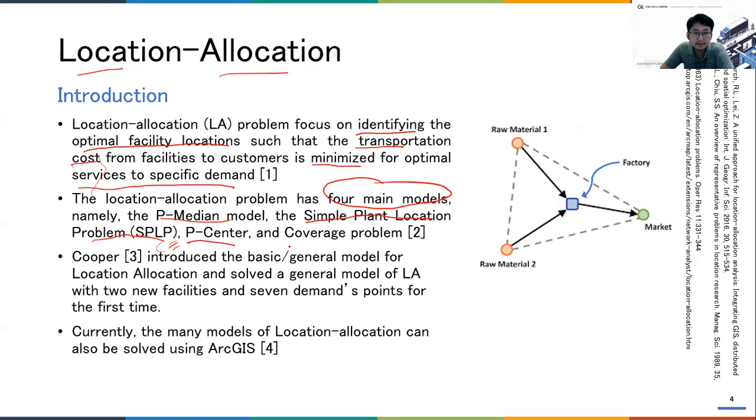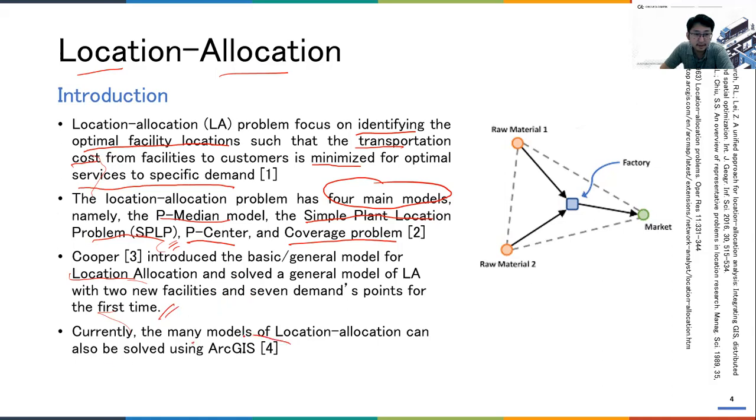P center, we will discuss it also here. And coverage location problems, we will discuss today. Those basic models will also have general models, basically called location allocations. And this is just an example of it.